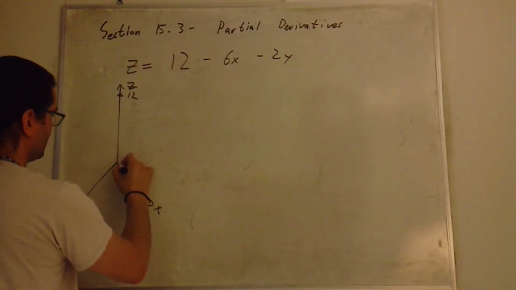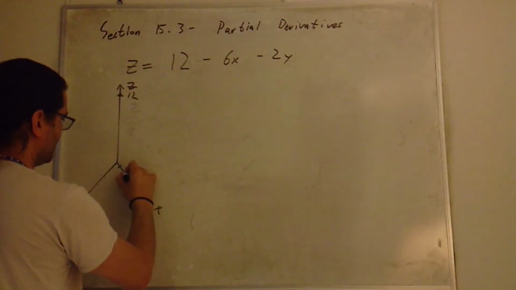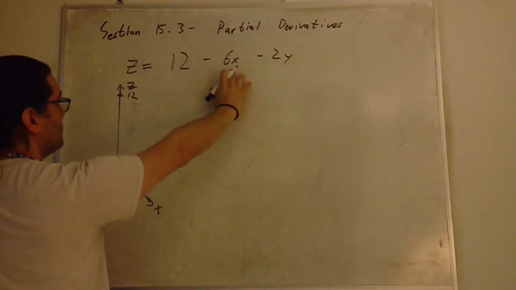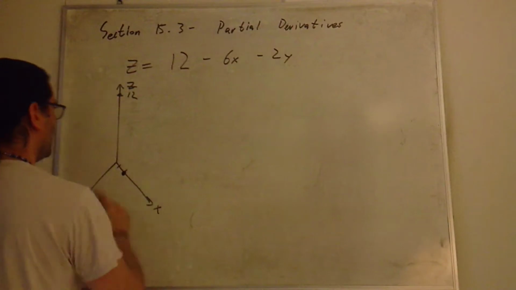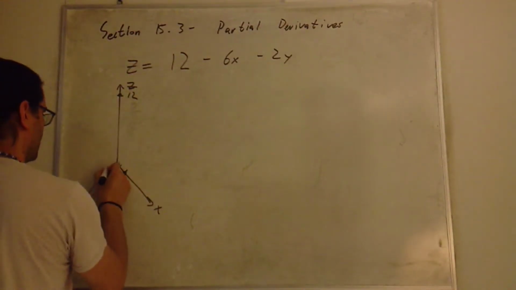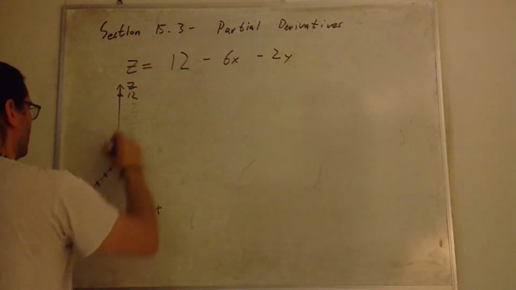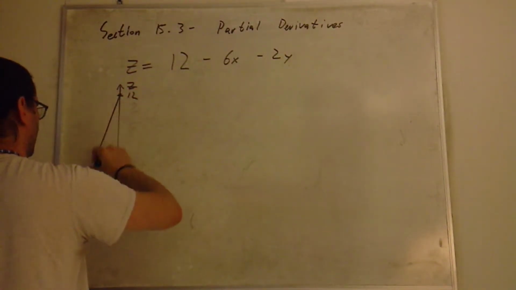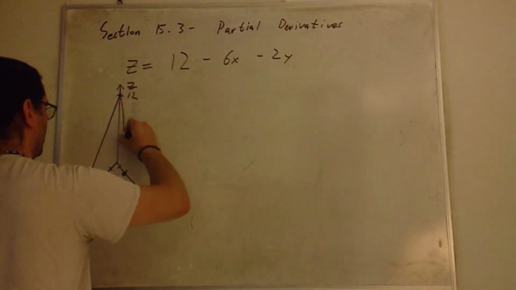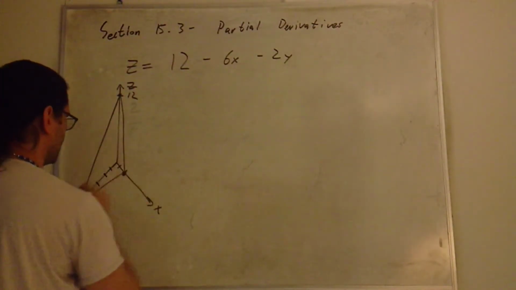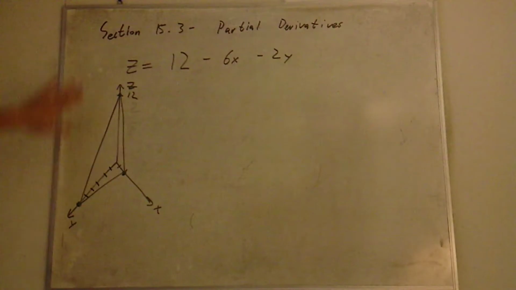The x intercept is going to happen at 2. When x is 2, that's what makes these other things 0. And the y-intercept is going to happen at 6. So you'll have a slope that kind of looks like this, or a plane that looks like this.